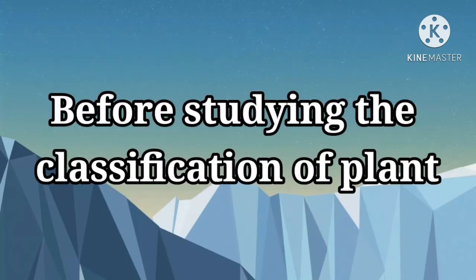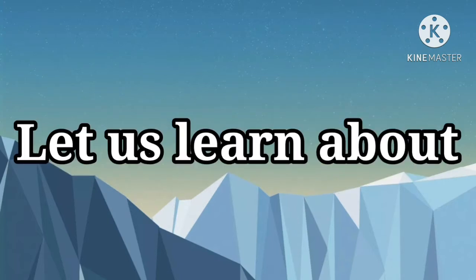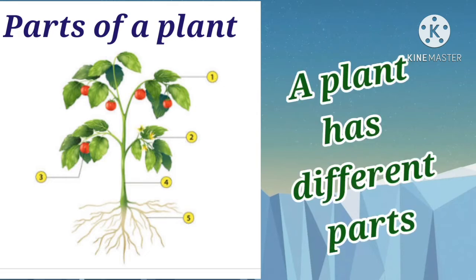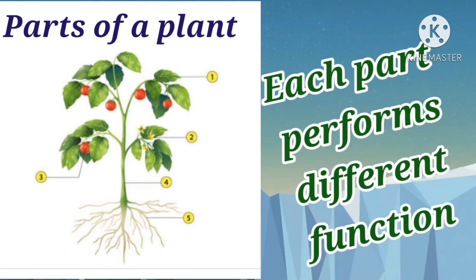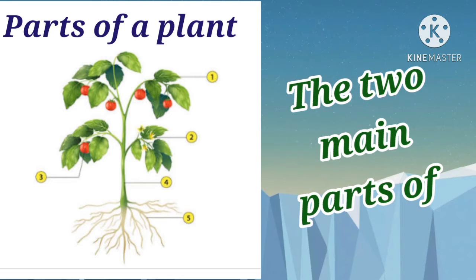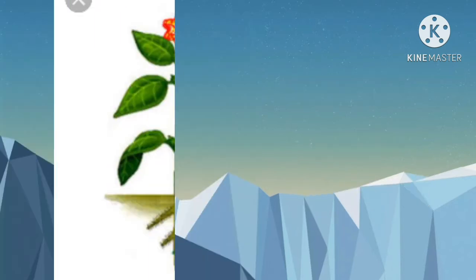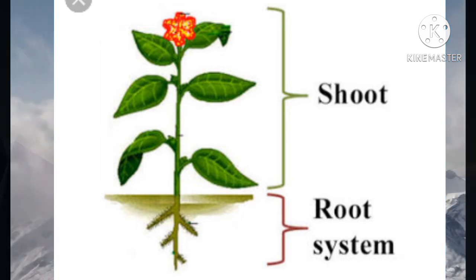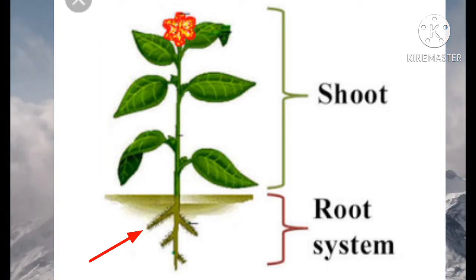Children, before studying the classification of plants, let us learn about the parts of a plant. A plant has different parts and each part performs a different function. The two main parts of a plant are root and shoot. This is the root of a plant.